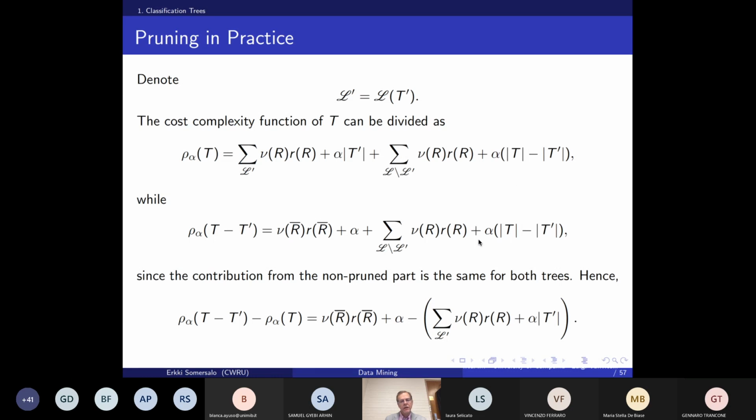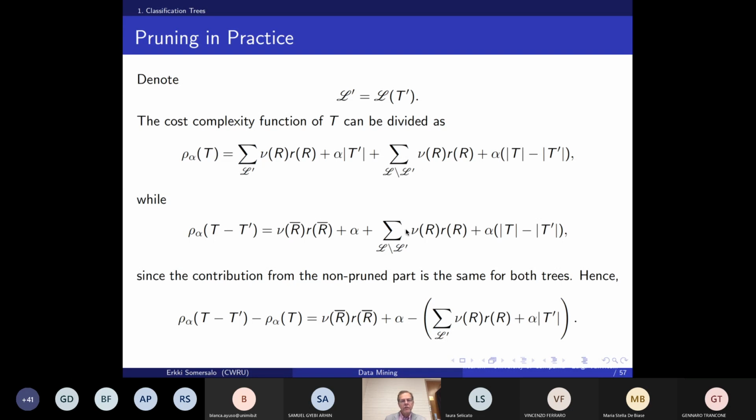So here I have written again this cost complexity function in a slightly different order. Remember, this alpha here comes from the fact that R bar is a new leaf, and this is the contribution from the leaves that were left when I cut off the branch.